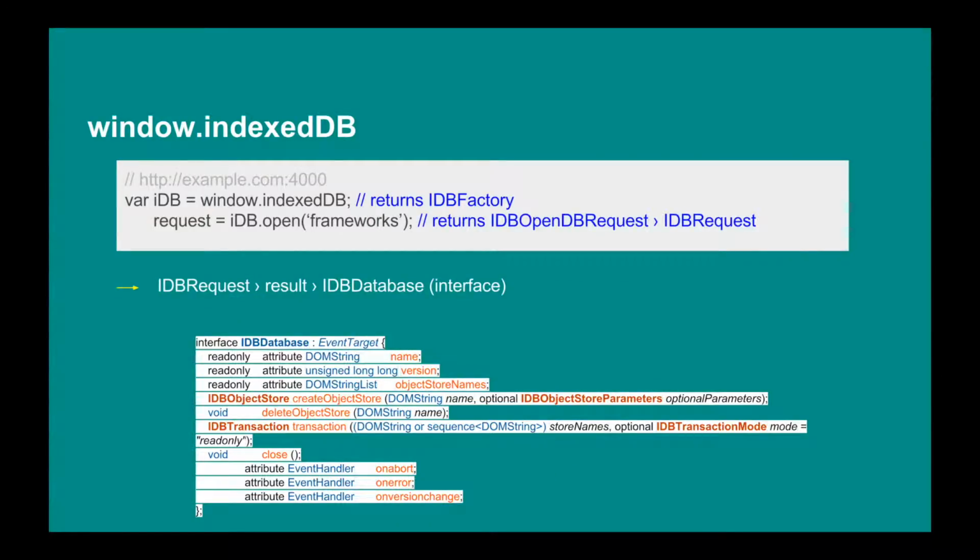As you see here, this is what we got from the result, the IDB database, and we have already used create object store inside the on upgrade needed event handler that we saw in our previous video tutorial. You may not be able to use create object store anywhere else except in on upgrade needed.